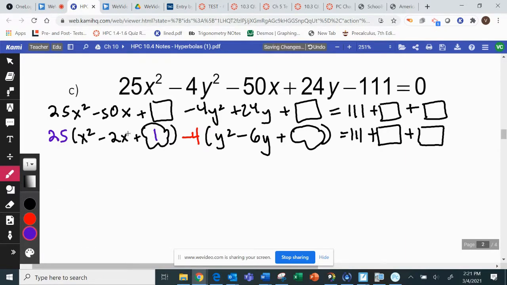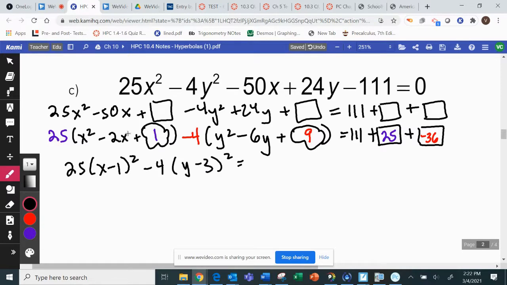So I'm going to plug in 1 for the first complete the square, multiply that by 25 to the other side. The second one, I'm going to plug in 9, but what's going to go on the other side? -36. Good. So we'll have 25 times x minus 1 squared minus 4 times y minus 3 squared equals, and I'm pretty sure it's 100.